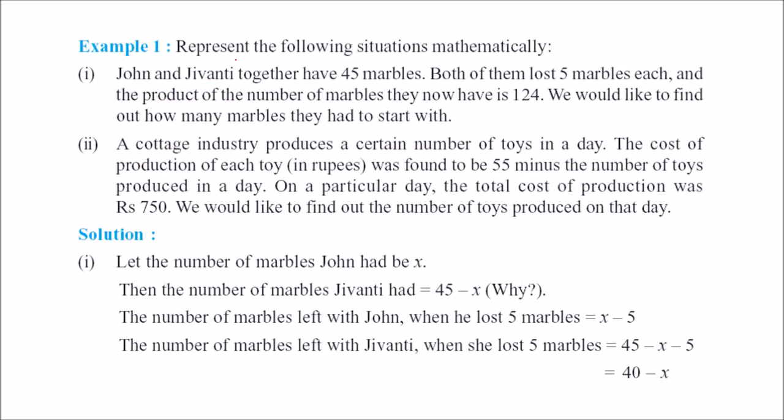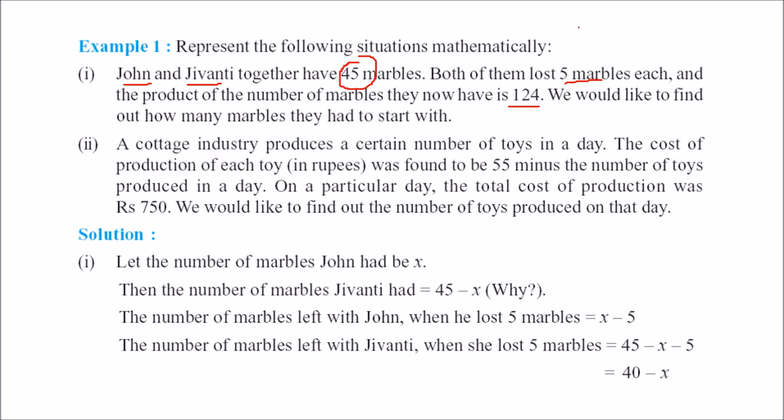We'll take some examples. We need to represent these situations mathematically. John and Jivanti had 45 marbles, and both of them lost 5 marbles each. The product of the number of marbles they have now is 124.